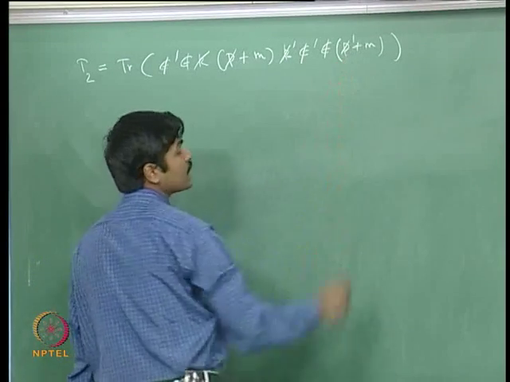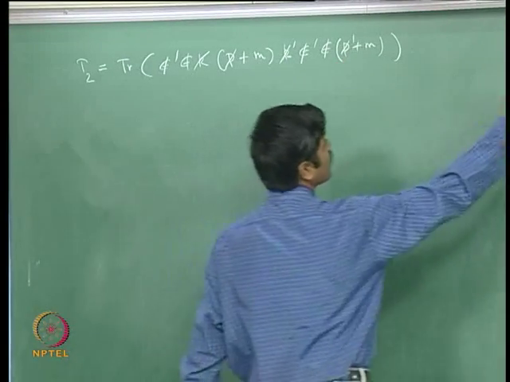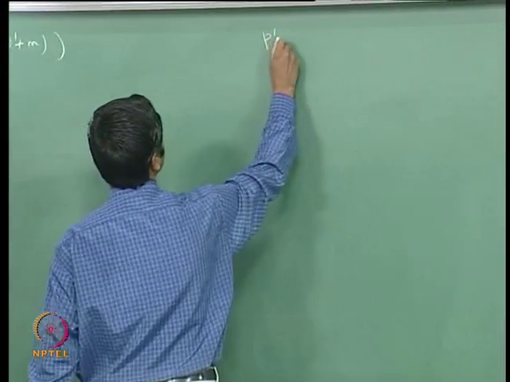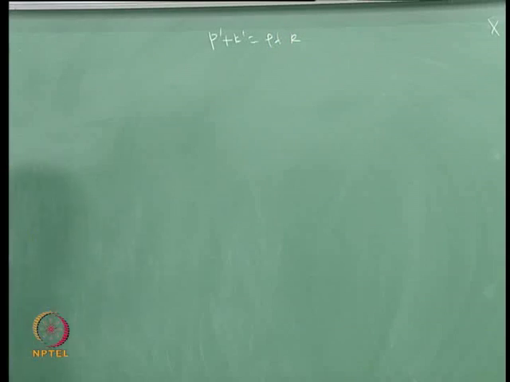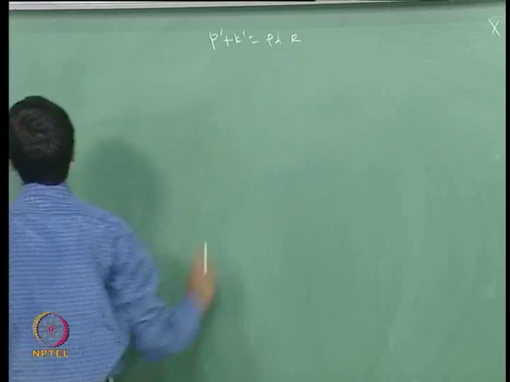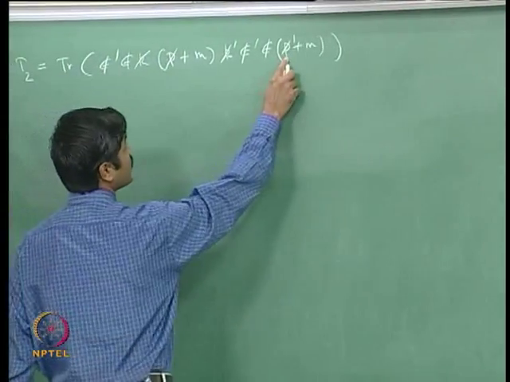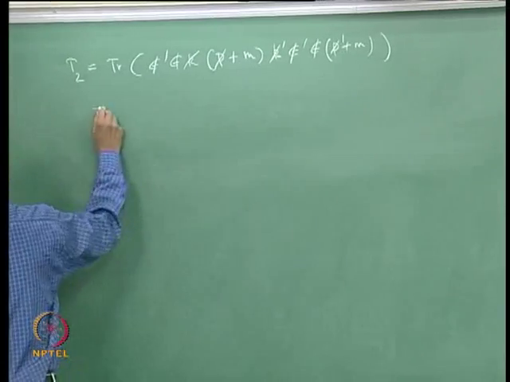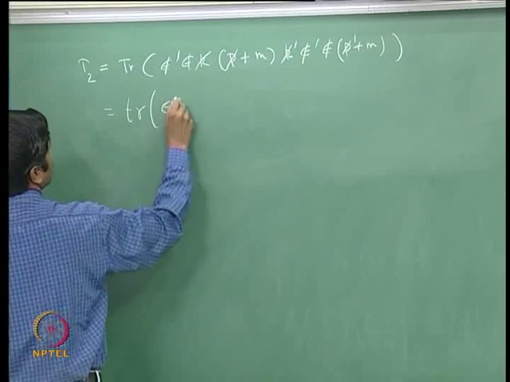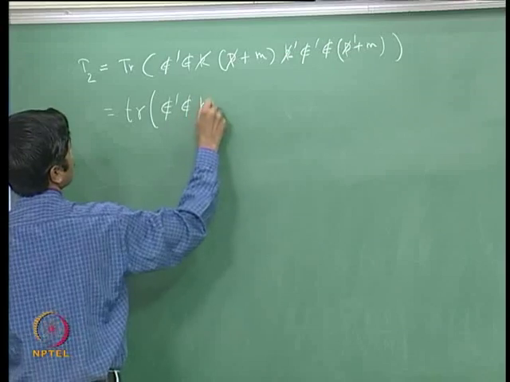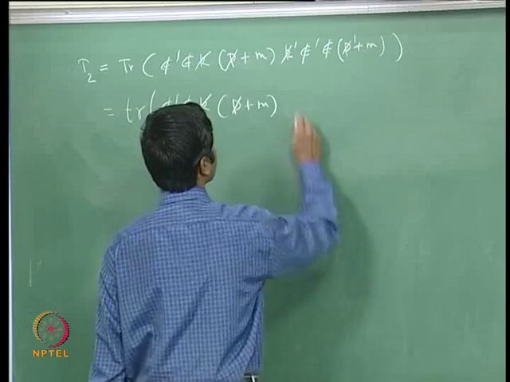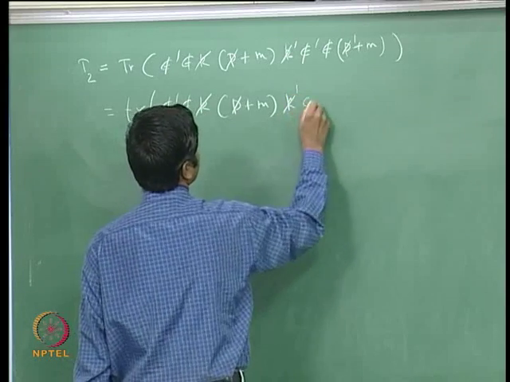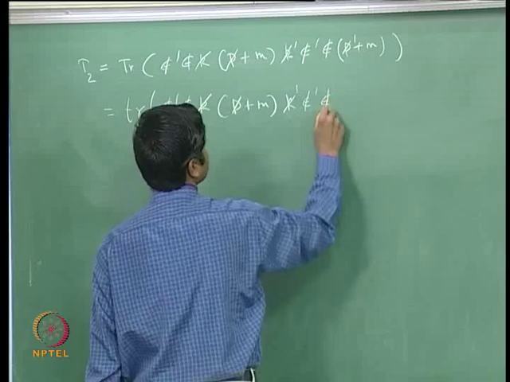You start with this, and then you note that P prime plus K prime is equal to P plus K, the energy momentum conservation rule. So, P prime is just P plus K minus K prime, which I will substitute here. So, when I do that, I get trace epsilon prime slash epsilon slash K slash P slash plus M and K prime slash epsilon prime slash epsilon slash.